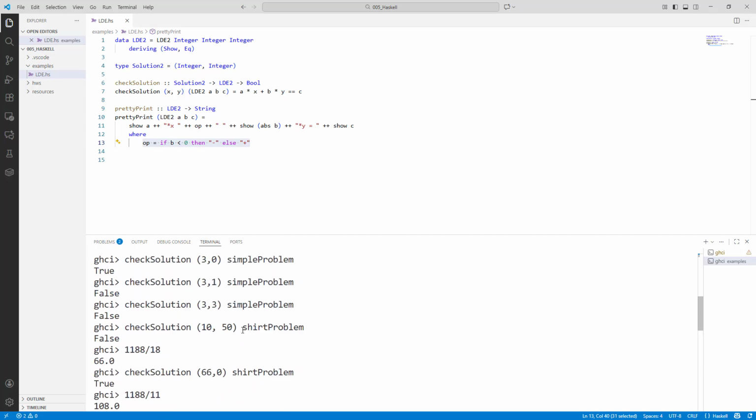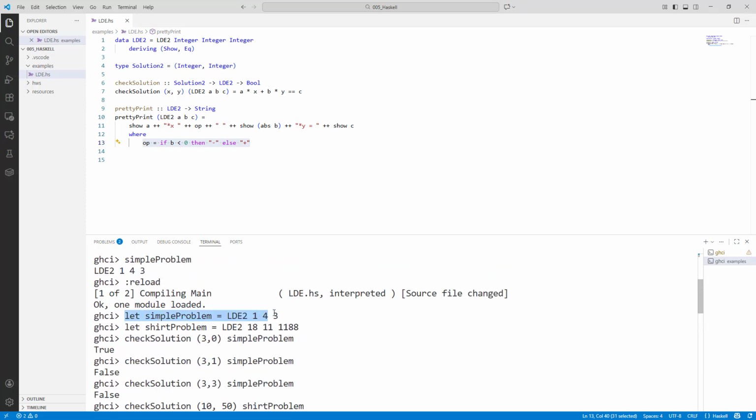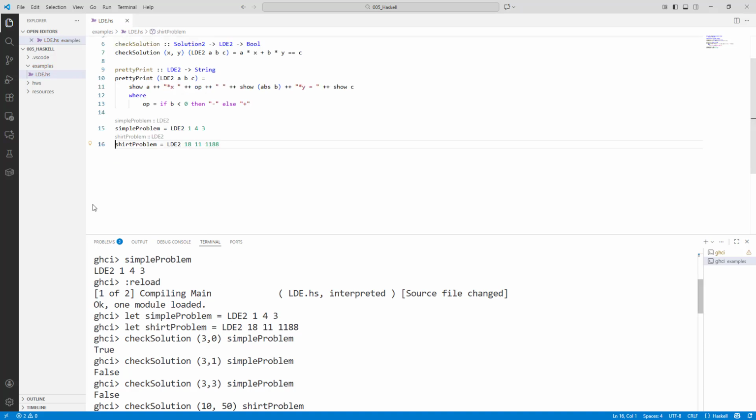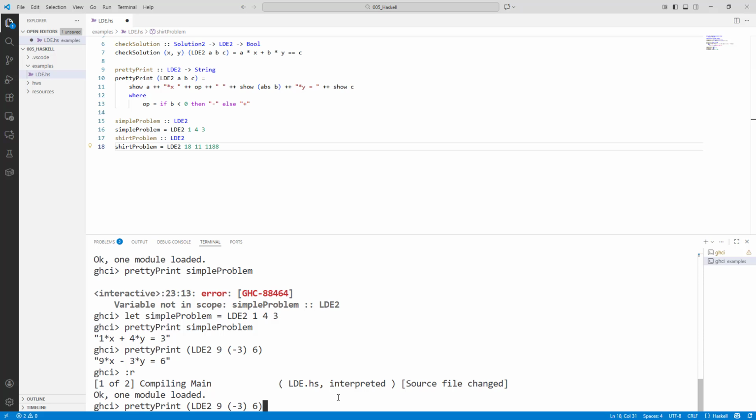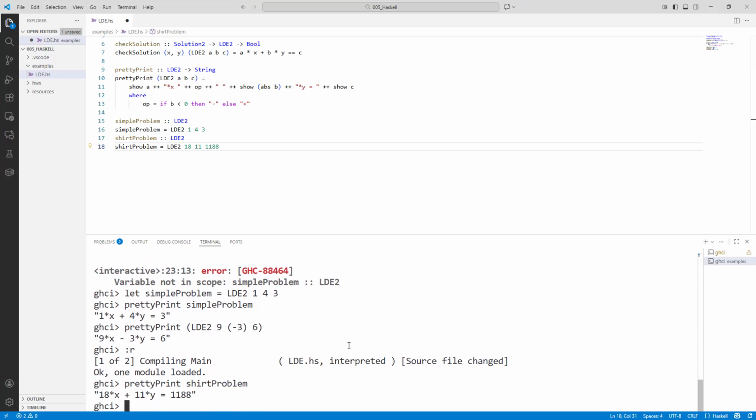You know what, I'm going to write these two here and there, even without the let, so I can code them differently. I would be able to code them with just an R, and then prettyPrint short problem. Well, it works. It knows everything.